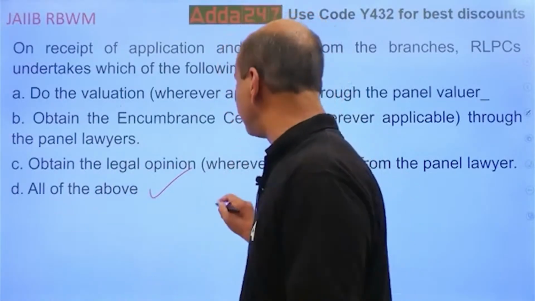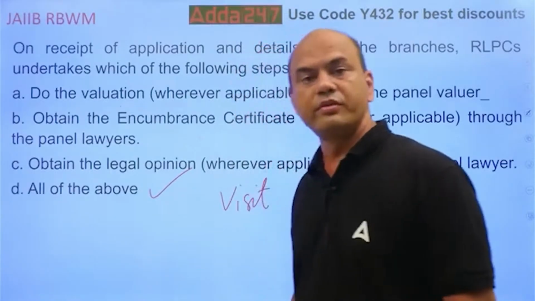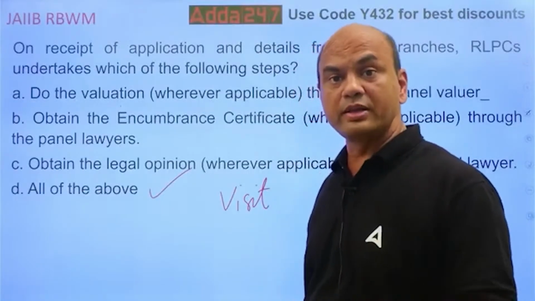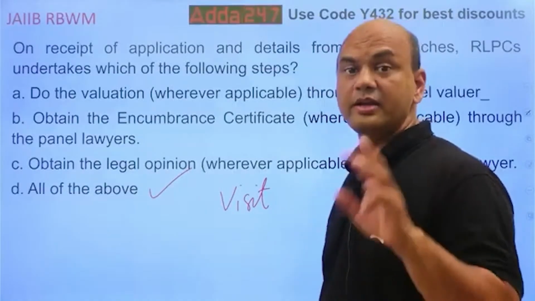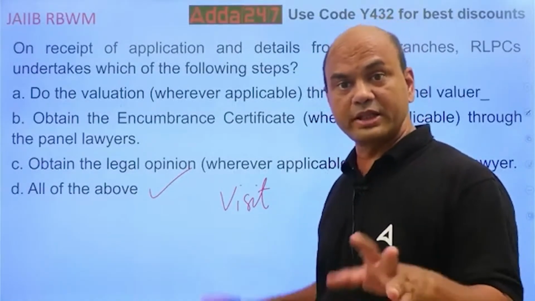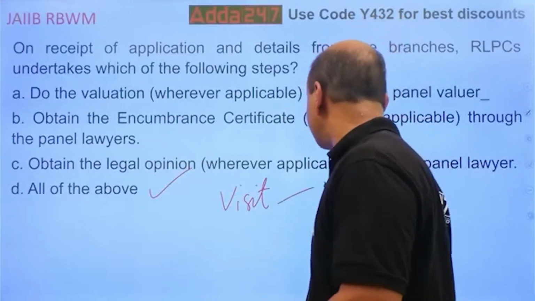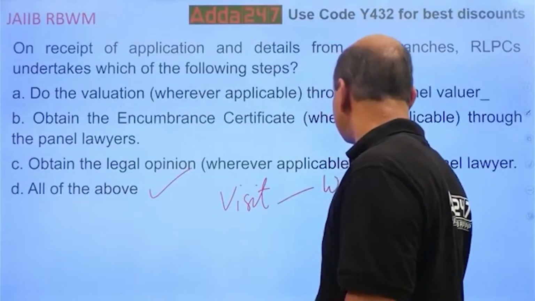Okay? Visit is very important. Where should the visit be done? Visit should be done at 3 places. Kindly note, in any loan, specifically in home loan, visits need to be made at 3 places. Number 1, office, means work.